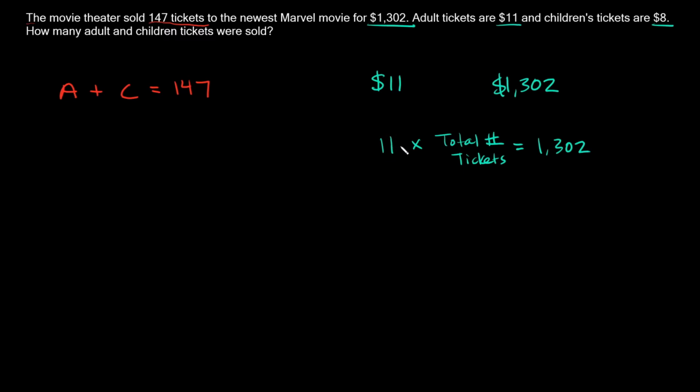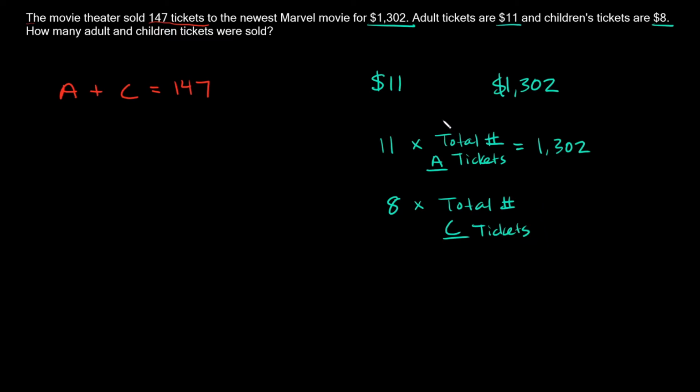So we can say 11 times the total number of adult tickets, and that would give me a certain total. Not necessarily 1,302, because that's the total for the adult tickets and the children's tickets together, but it would give me a certain total. And the children's tickets are $8, right? So we would take 8 and multiply that by the total number of children's tickets.